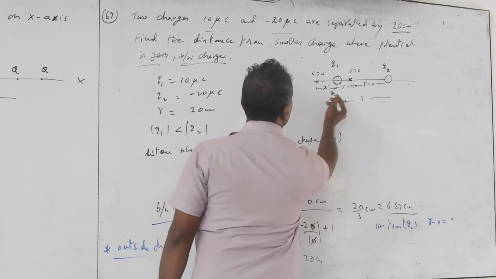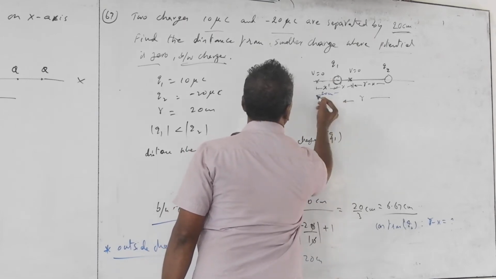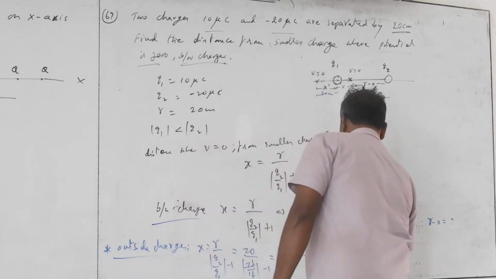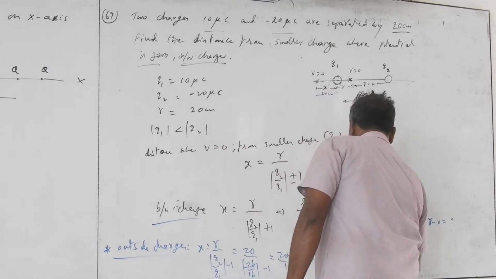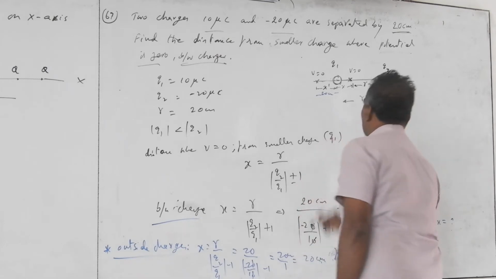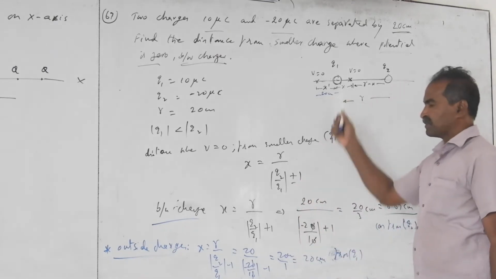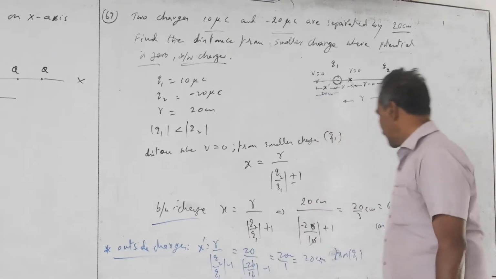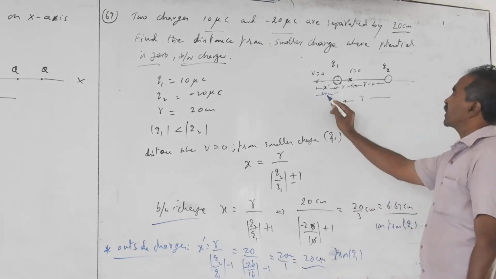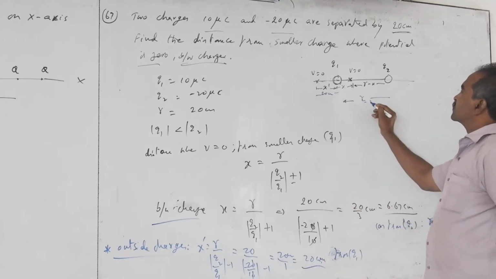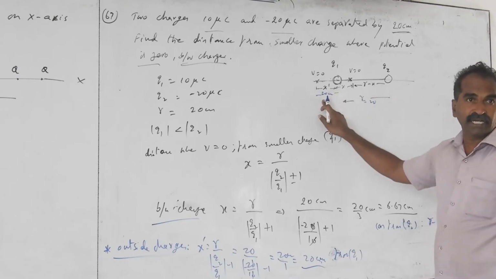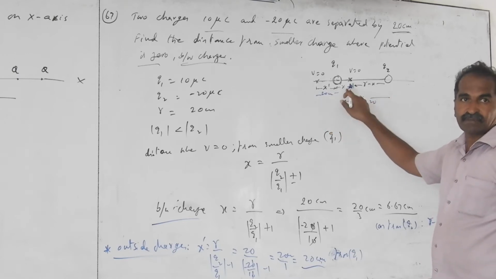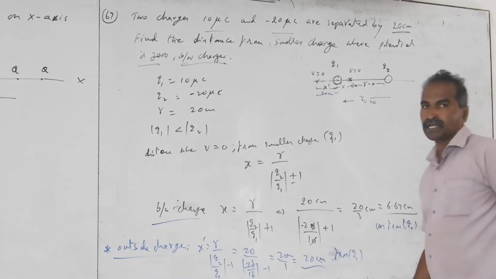So outside is also given as 20 centimeters from Q1, from the smaller charge. From the large charge, what happens? R plus x prime, I am taking this as x prime. That is 20 centimeters, and R is already given as 20. So the total distance from Q2 becomes R plus x prime outside. Between, it is R minus x prime. Outside is this relationship which I got.